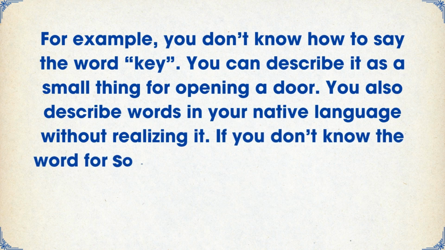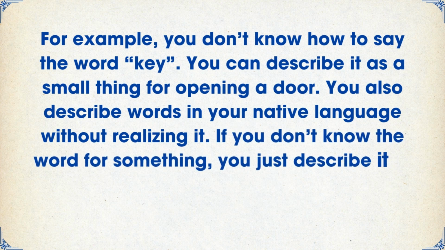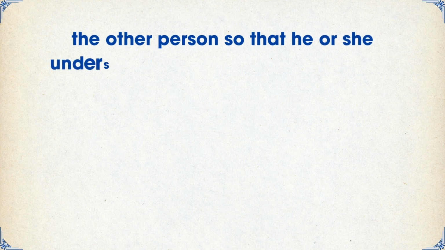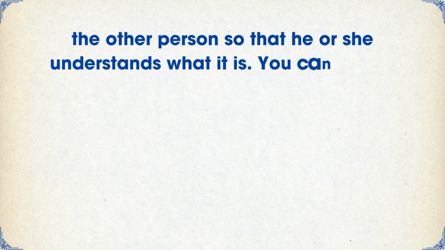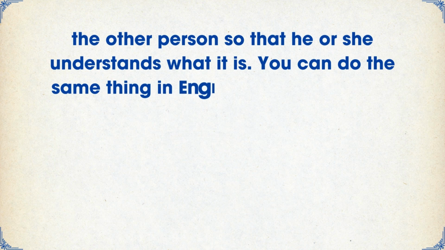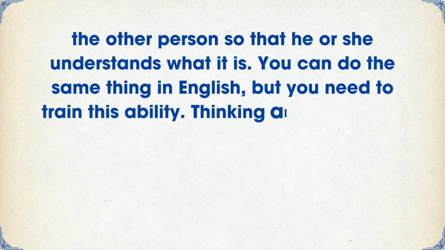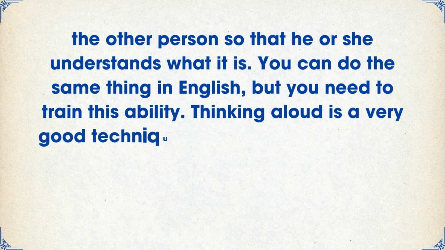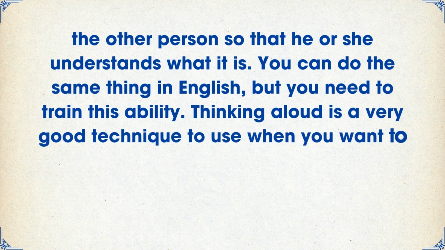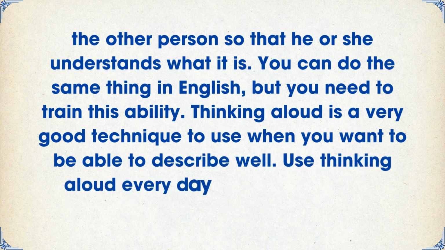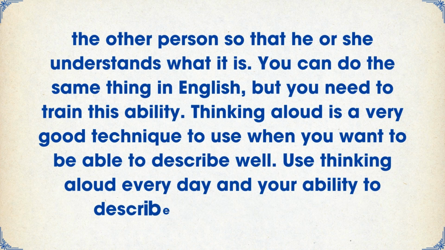If you don't know the word for something, you just describe it to the other person so that he or she understands what it is. You can do the same thing in English, but you need to train this ability. Thinking aloud is a very good technique to use when you want to be able to describe well. Use thinking aloud every day, and your ability to describe things will improve.